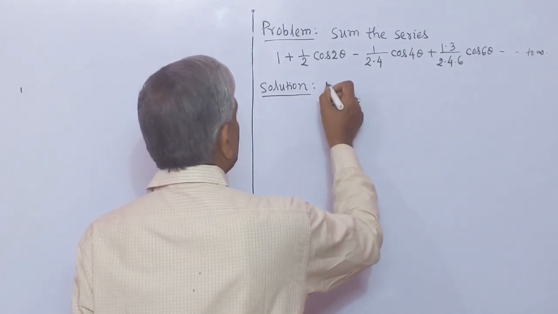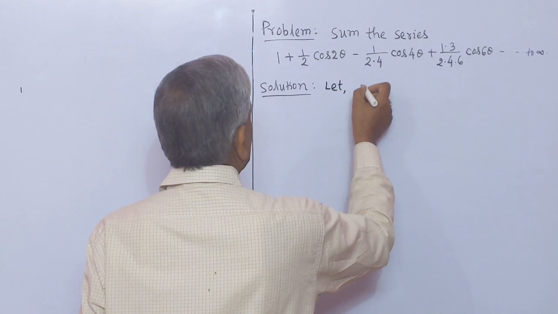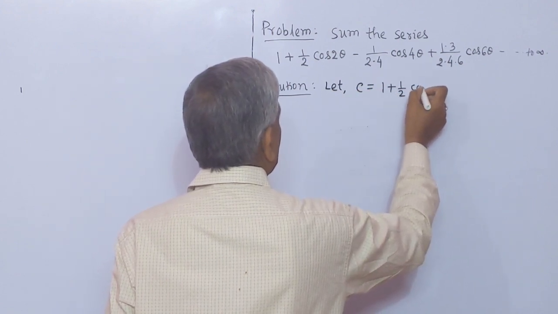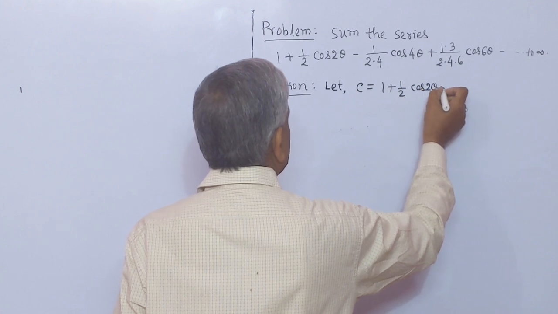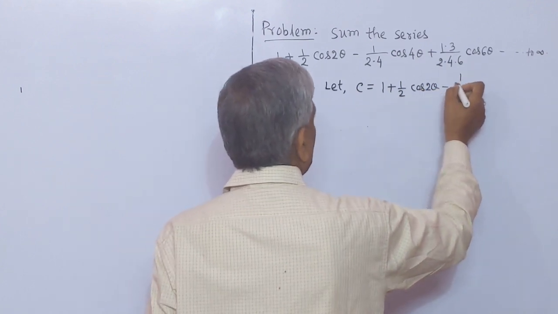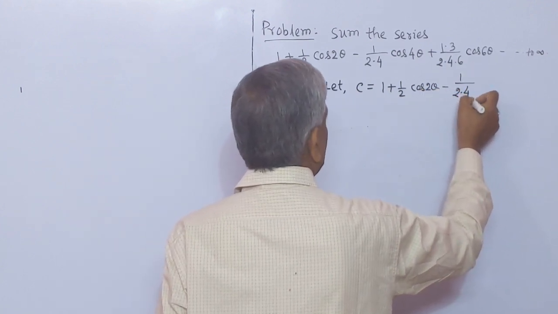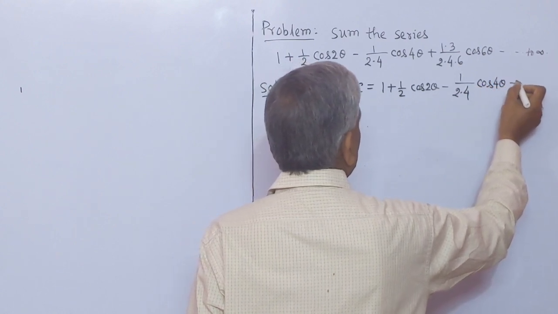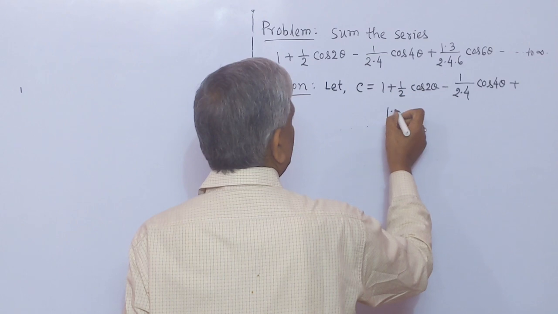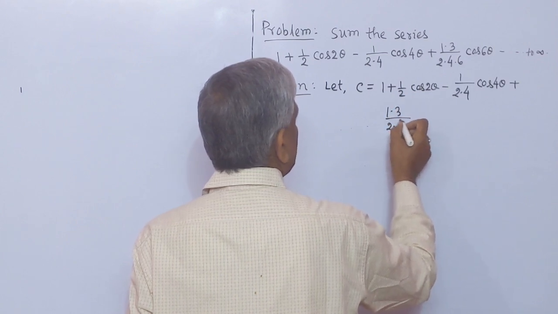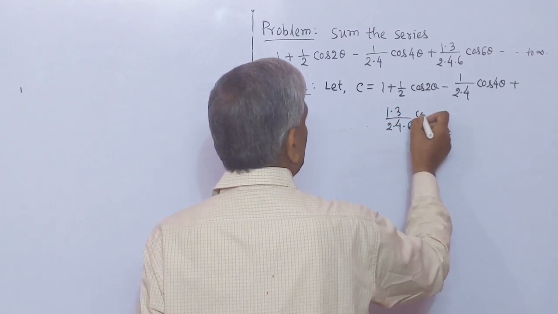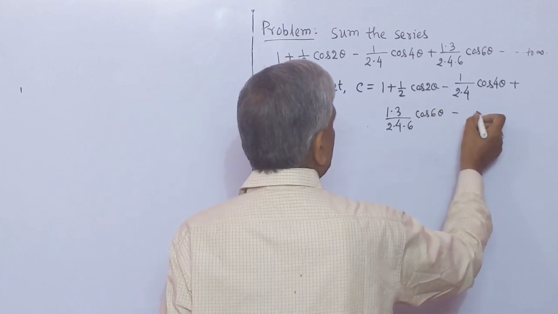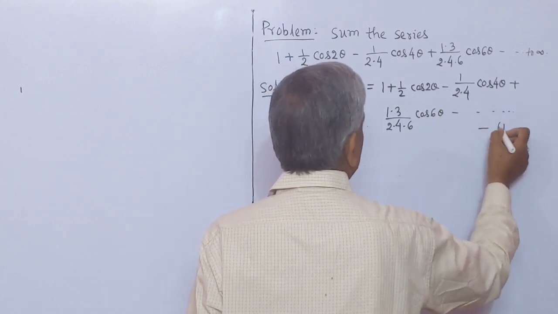Let C equal to 1 plus half cos 2 theta minus 1 by 2 multiply 4 cos 4 theta plus 1 multiply 3 by 2 multiply 4 multiply 6 cos 6 theta minus dot dot dot. Let this be number 1.